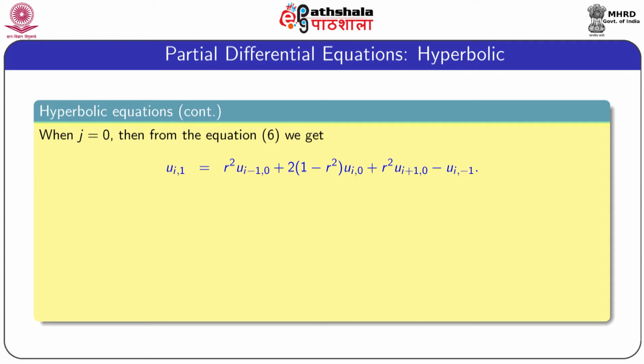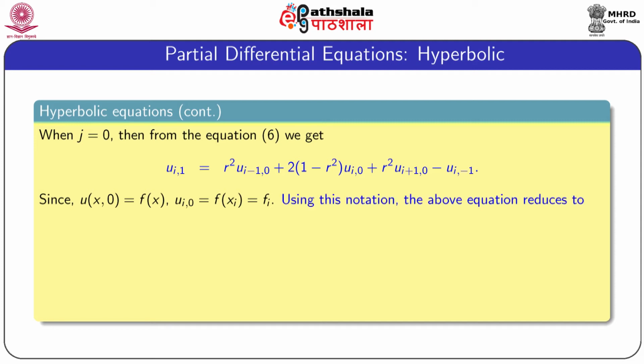Since u(x, 0) equal to f(x), therefore we can write u(i, 0) equal to f(x_i), which is equal to f_i, that means u(i minus 1, 0), u(i, 0) and u(i plus 1, 0) can be determined from this expression. Using this notation, the above equation reduces to equation 7. From this equation we can determine the values of u(i, 1) for all values of i, but the last term u(i, minus 1) is unknown.